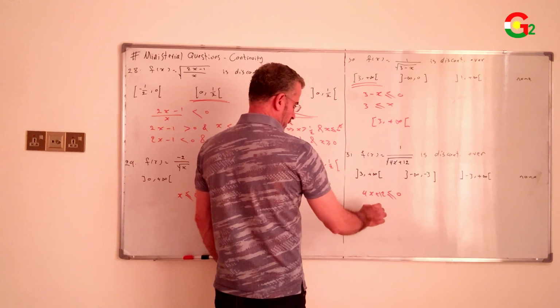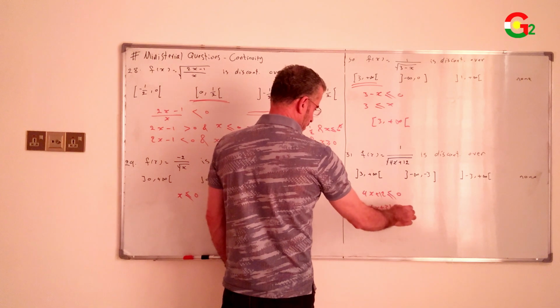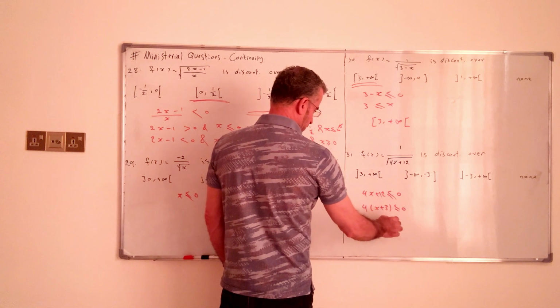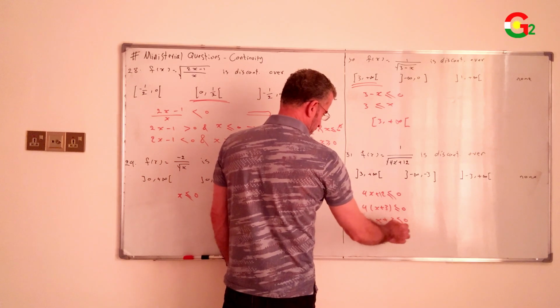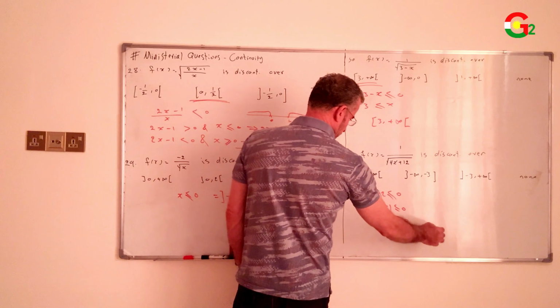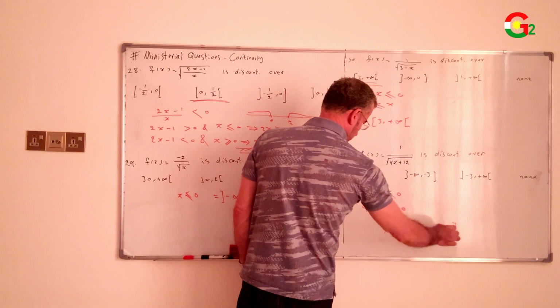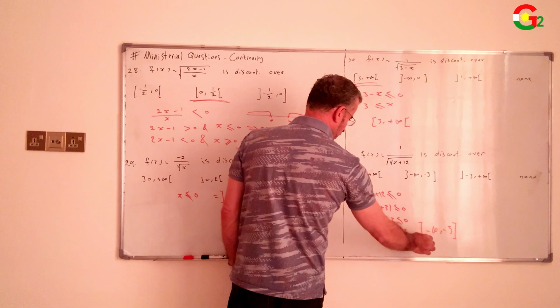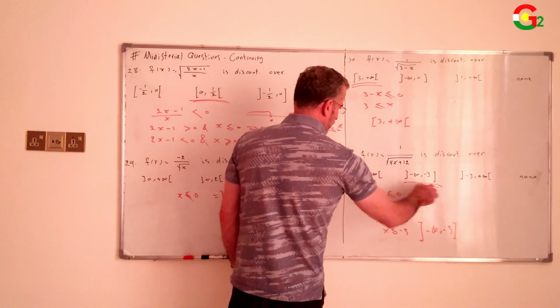Factorize by 4, x plus 3 less than or equal to 0. It means x plus 3, dividing both sides by 4, is less than or equal to 0. X less than or equal to negative 3. It is negative infinity to negative 3, closed from negative 3, open from negative infinity. Choice B.